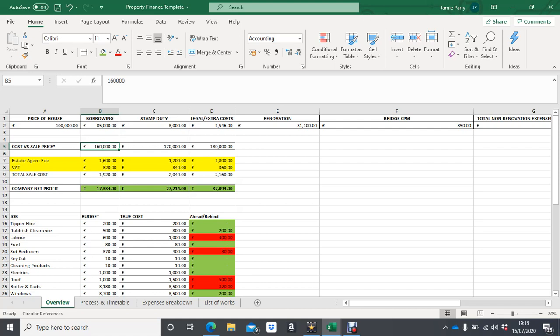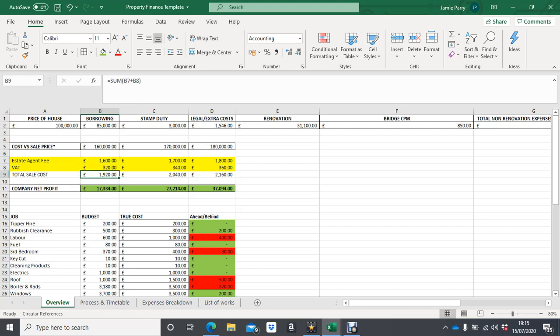So don't forget, when we are looking to sell, it's going to cost us. A local estate agent will be 1% or thereabouts, so 1% of the sale price plus the VAT on that estate agent's fee.